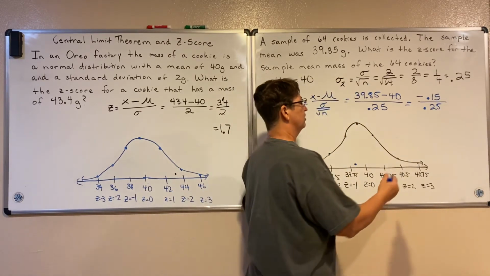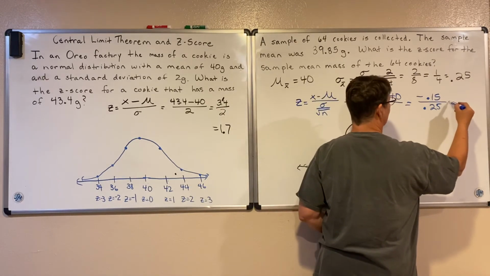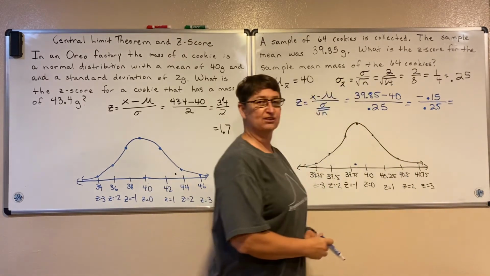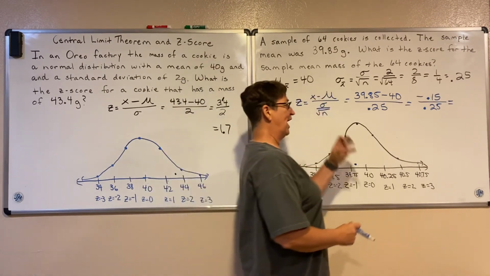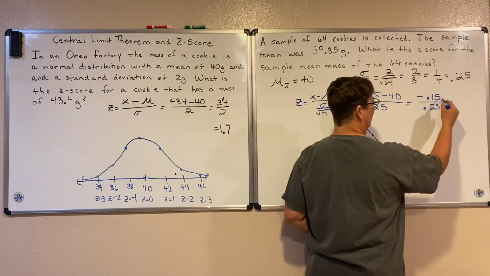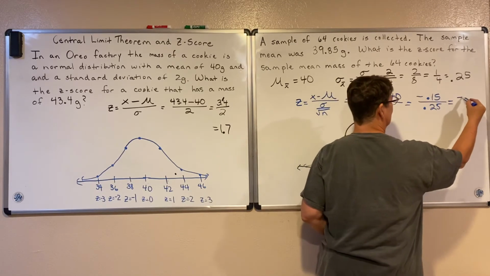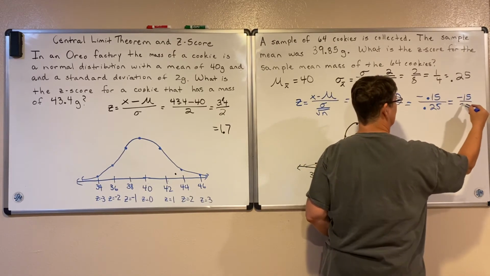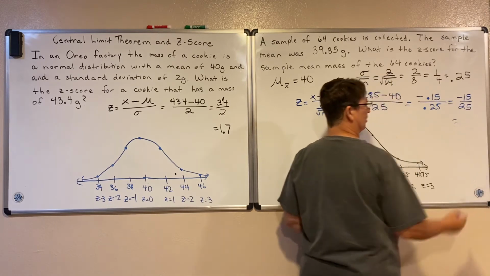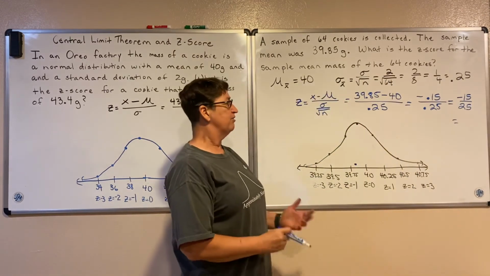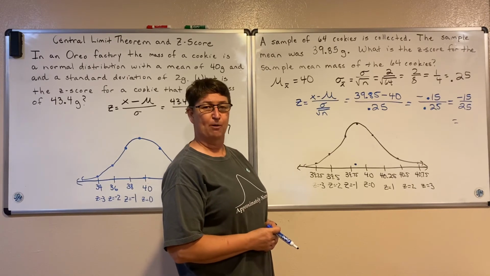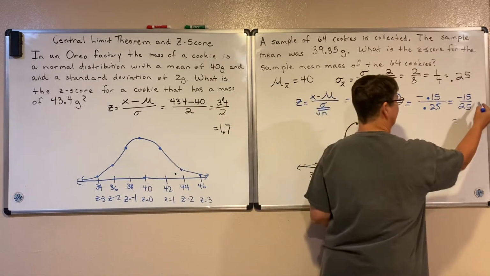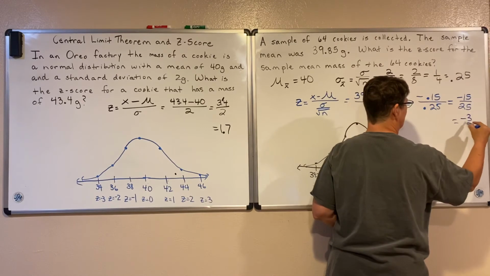So now do a little more simplifying here. The way I like to do this is I like to just simplify my decimals or my fractions. First of all, if I multiply the top and the bottom by 100, I just end up with negative 15 over 25, and then I don't have to worry about those decimals. Then I'm just going to simplify my fraction. If I divide the top and the bottom both by 5 over 5, then I have negative 3 over 5.